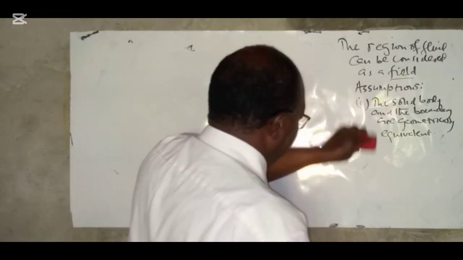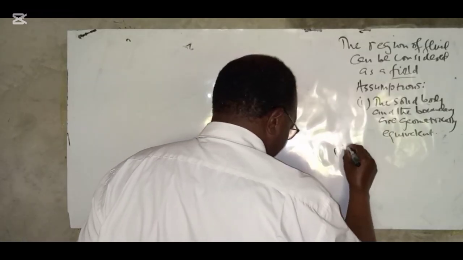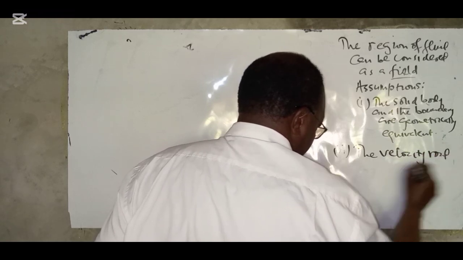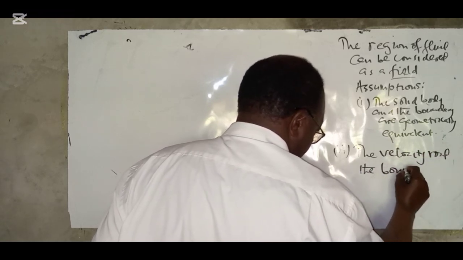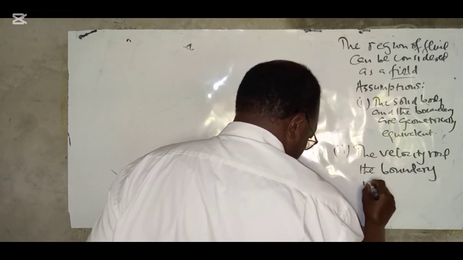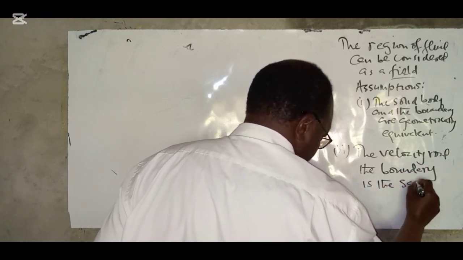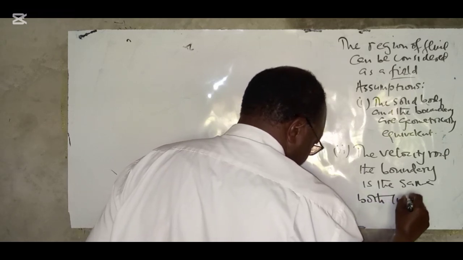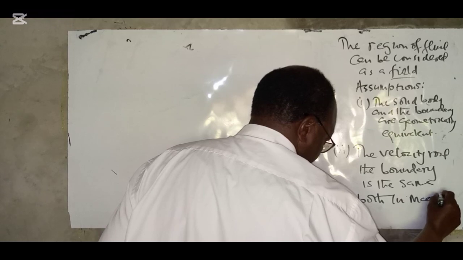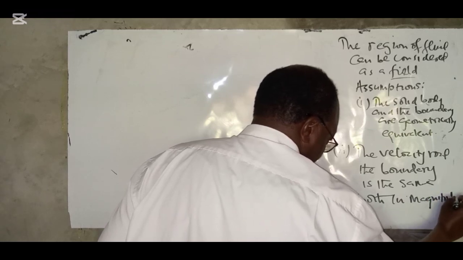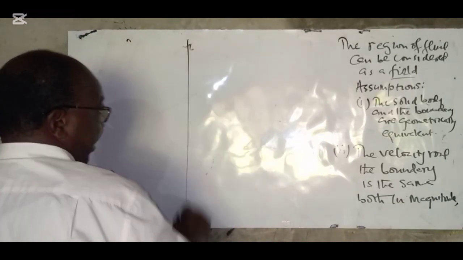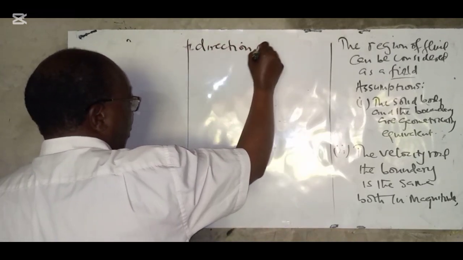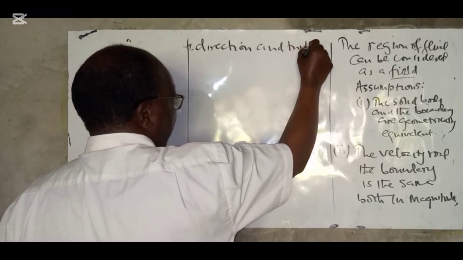So the other thing we're assuming is that the velocity around the boundary is the same in both cases. It's the same both in magnitude, direction and turbulence configuration.